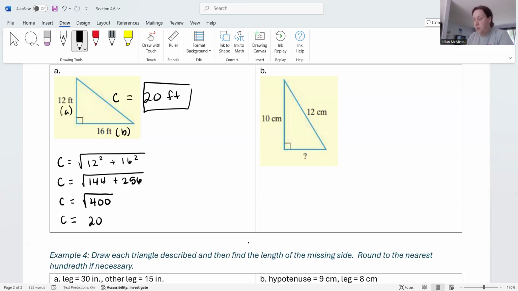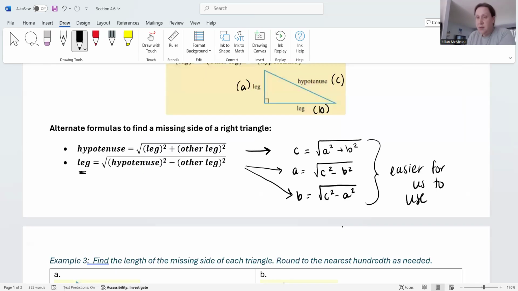Let's do part B. In part B, we have the hypotenuse and we have one of the legs. We need to figure out the length of the other leg. So let's go ahead and say this leg is A. We know the hypotenuse is C. That means we're looking for B. What does B equal? If we go up a little bit, we said if we're looking for a leg of the triangle, it's going to equal the square root of the hypotenuse squared minus whatever the other leg is squared.